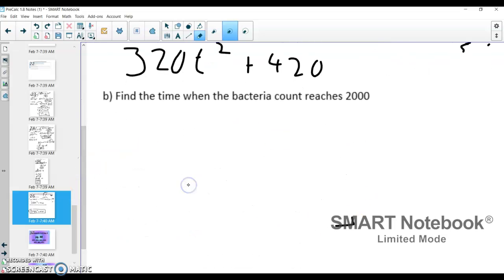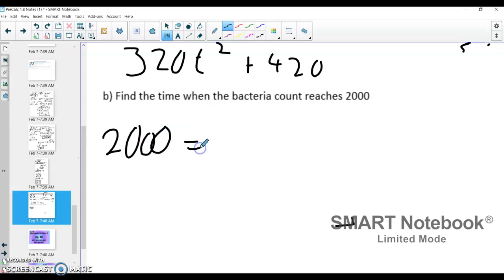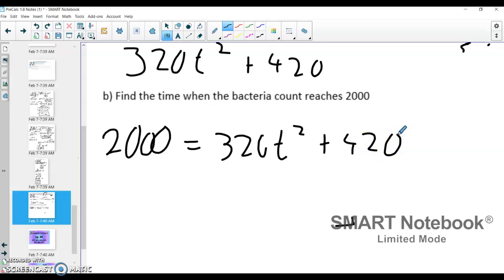I'm going to take my composite function and find the time, so I'm going to solve for t, time, when the bacteria reaches 2,000. So I'm going to set 2,000 as the bacteria, equal to my function, 320t squared plus 420, and solve for t.